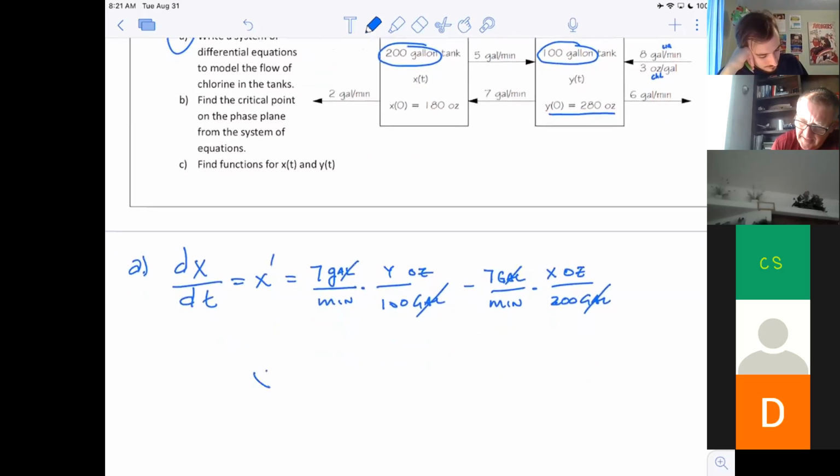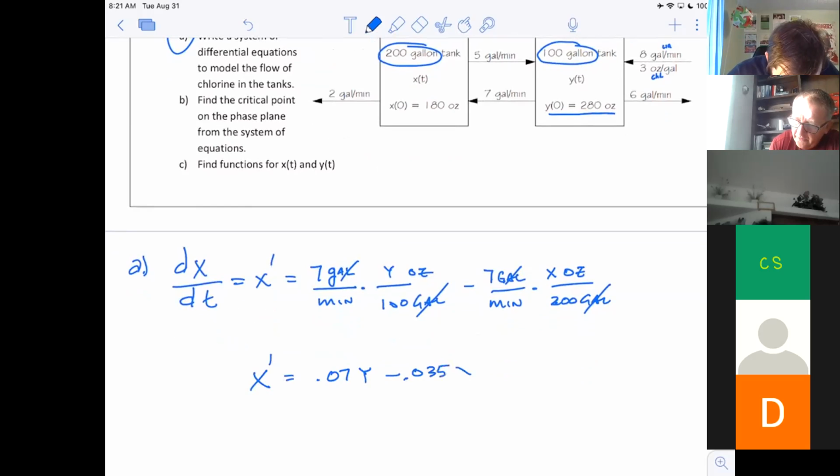So to clean that mess up, I could say 7y over 100, or 0.07y if I wanted to, just to have no fractions, and then minus 7x over 200. Divide the top and bottom by 2, that's 3.5, so it'd be 0.035x.